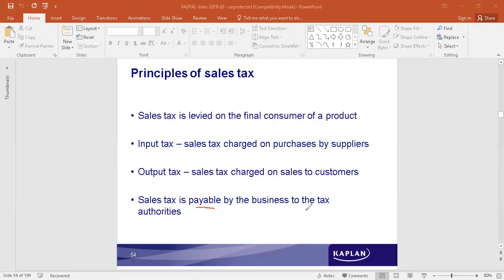I have not explained to you the meaning of current liability, but just remember that it is a liability appearing on the liability side of the balance sheet. This portion is not revenue for them. Though it is collected as part of selling the product, it is just an amount collected from the customers, which they would be paying to the government. So this is part of indirect tax.